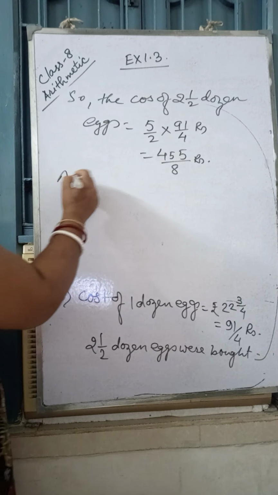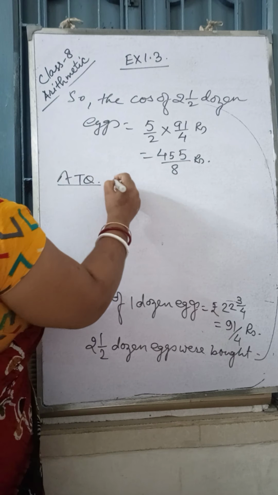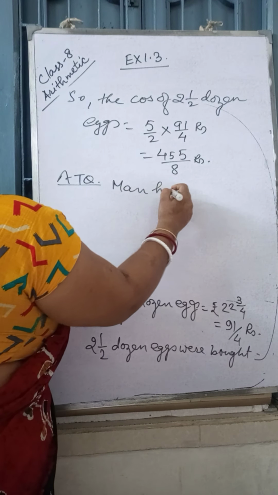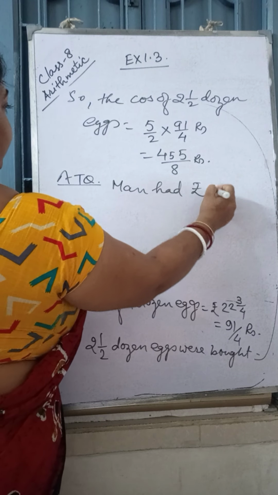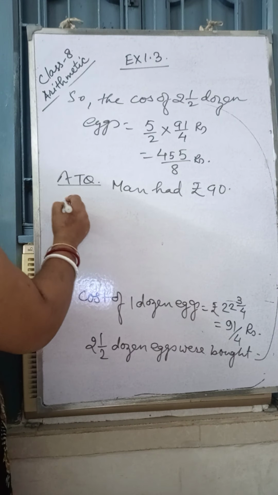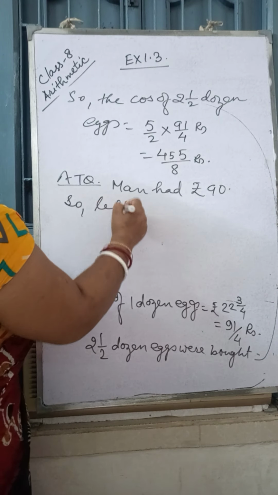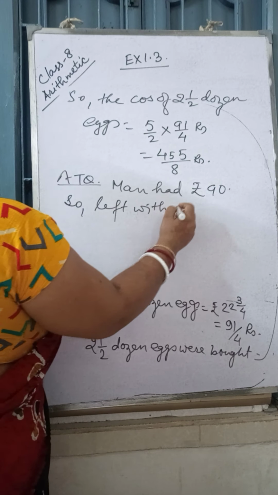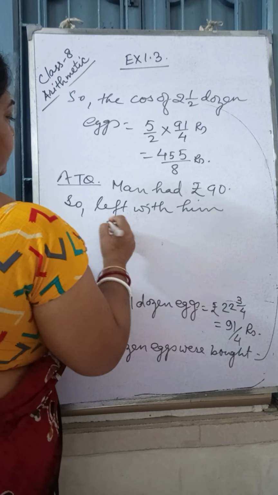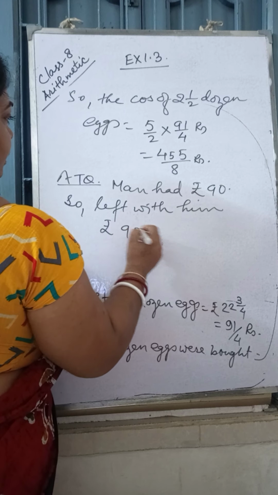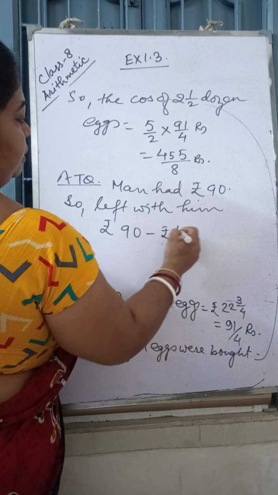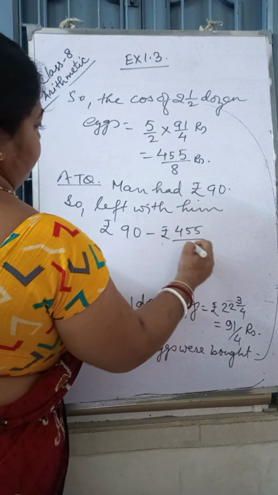According to the question, the man had rupees 90. So left with him is rupees 90 minus rupees 455 by 8.